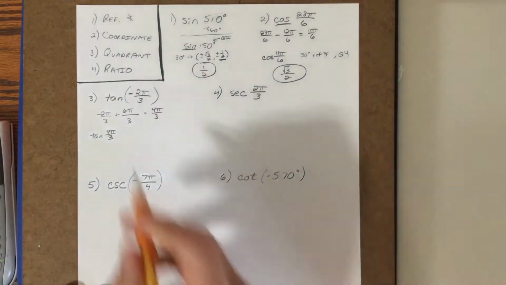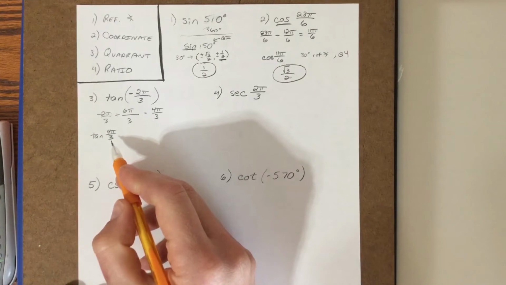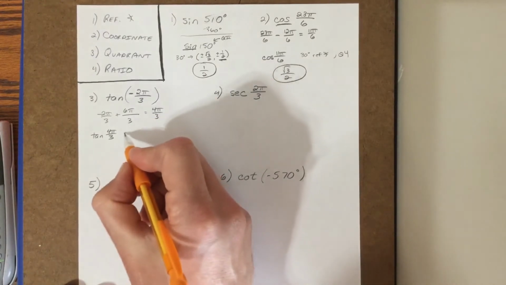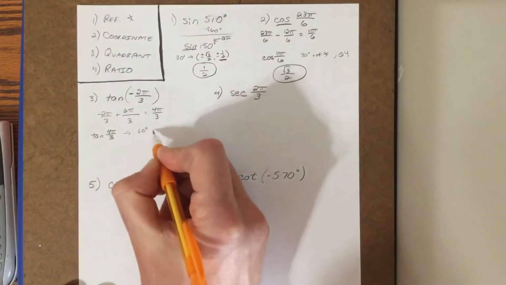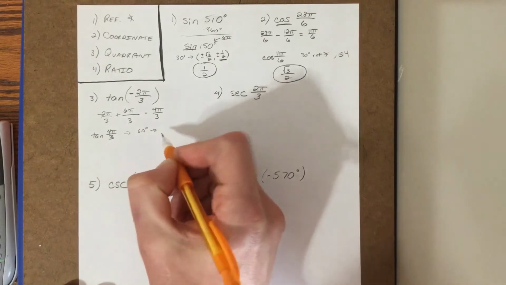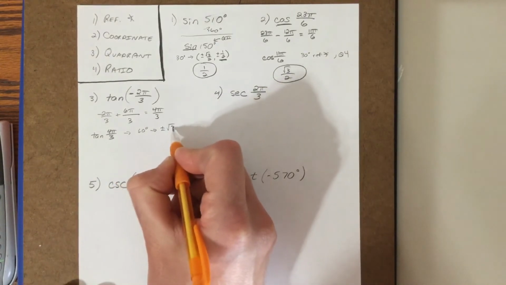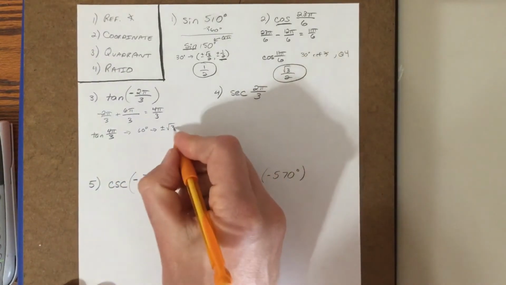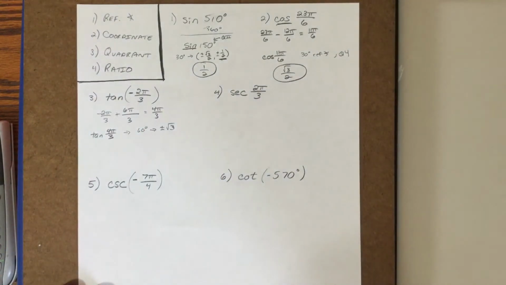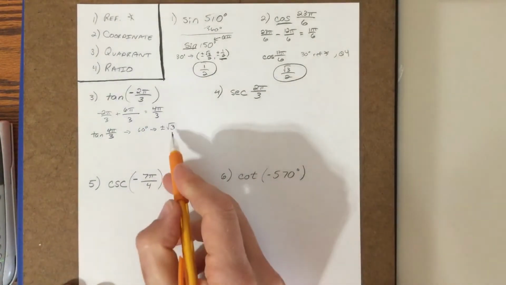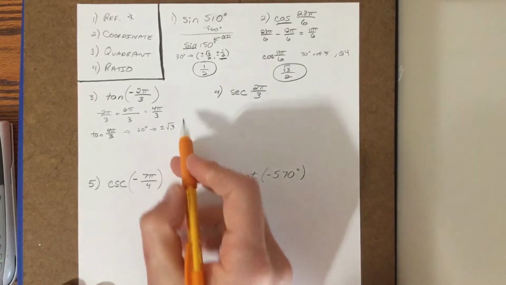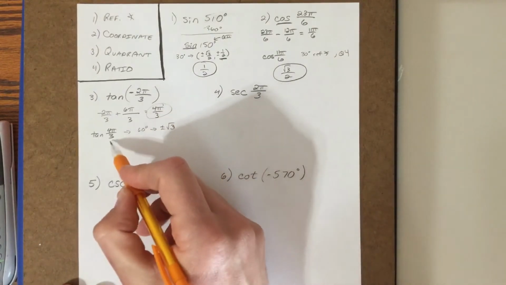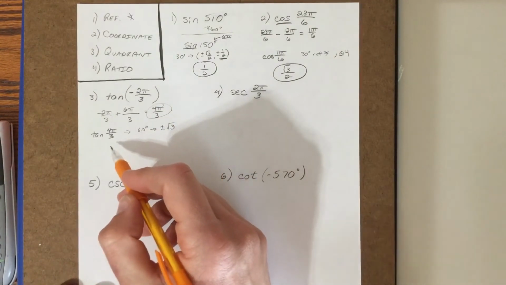This is a 60-degree reference angle. With a 60-degree reference angle, a tangent will have a value of either plus or minus root 3. Again, that's something that you should commit to memory. We just have to decide if that's going to be positive or negative. The angle 4 pi over 3 is located in quadrant 3.